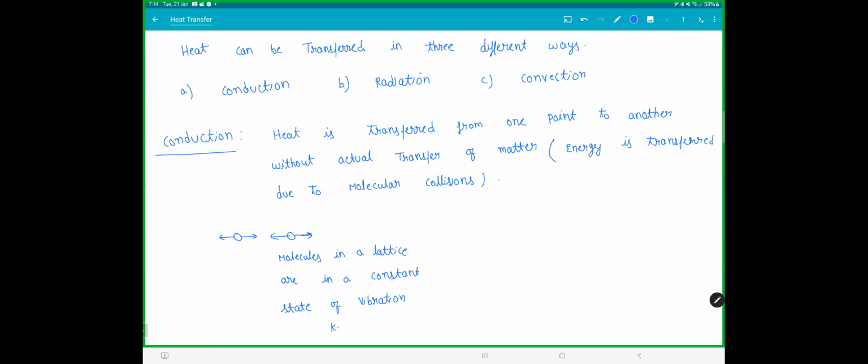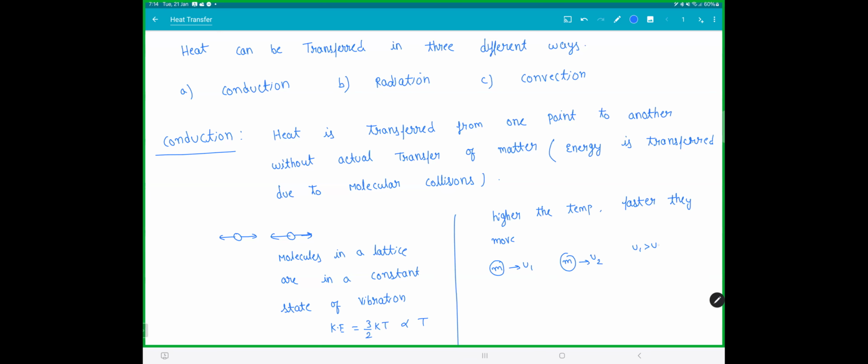And we saw from this kinetic theory of gases, so kinetic energy is 3 by 2 kT, proportional to T. So higher the temperature, the faster they vibrate. So if you take two molecules, let's say this one is going with U1, this one is going with U2.